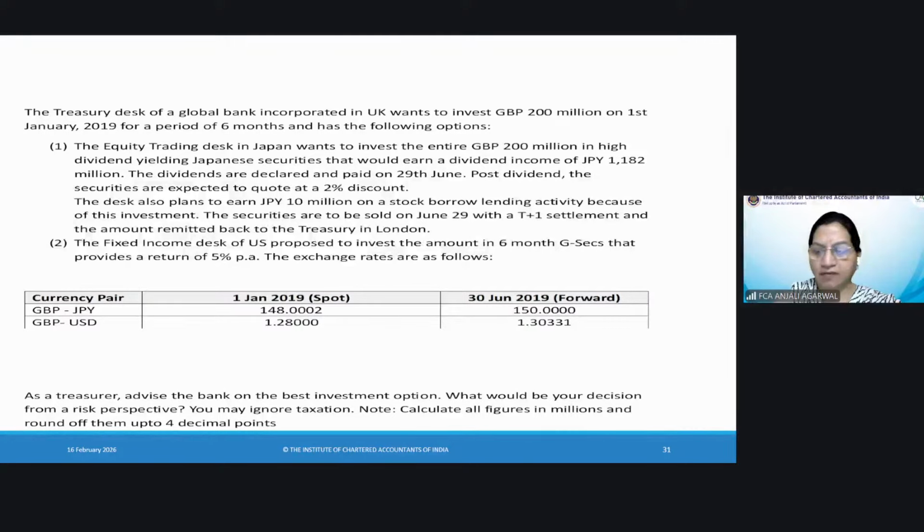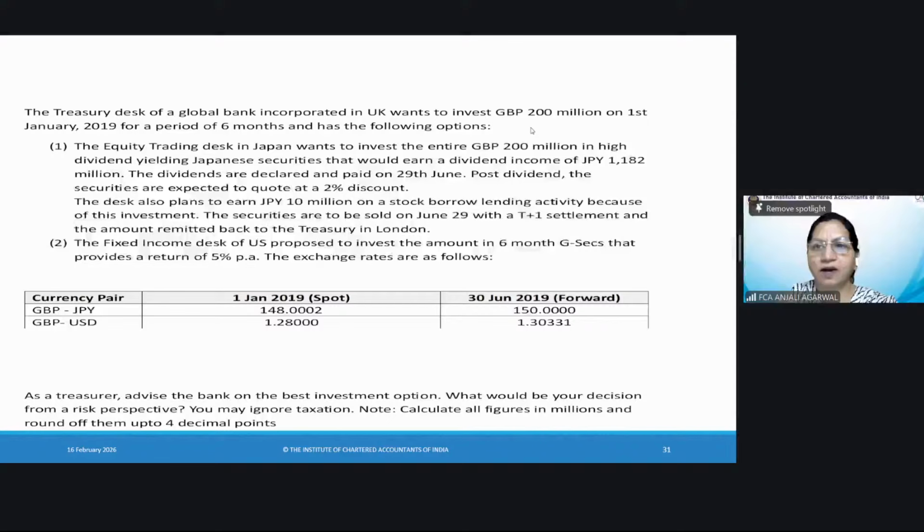So here we have one question. The treasury desk of a global bank, which is incorporated in UK, wants to invest in Great British Pound 200 million on 1st January 2019 for a period of 6 months and has the following options. So it's the global bank which is incorporated in UK.